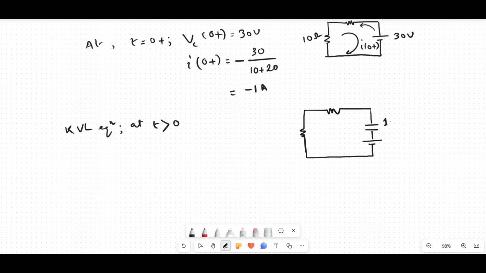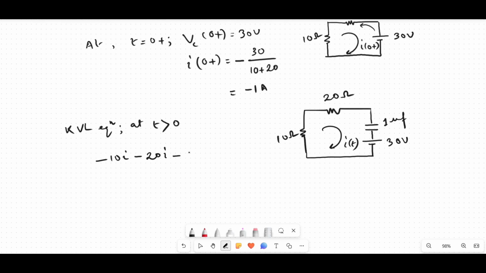So this is the capacitor of 1 microfarad, and this is the source of 30 volt. That means the voltage which is already in the capacitor, as the capacitor is charged to 30 volt. Now if you write down the KVL equation here, considering the current as i, it will be minus 10i minus 20i.